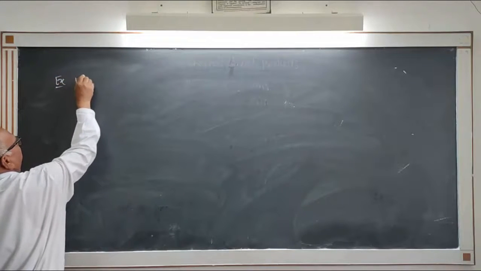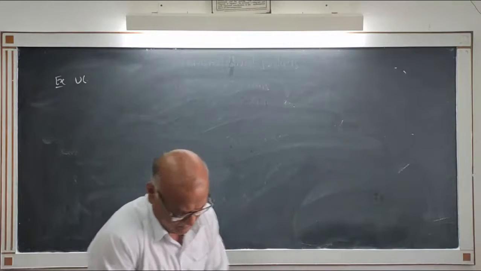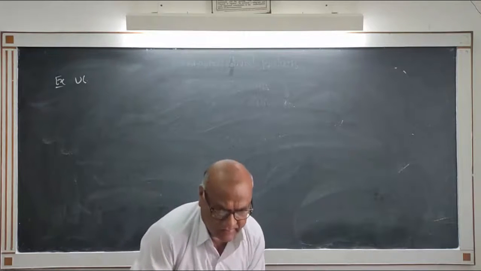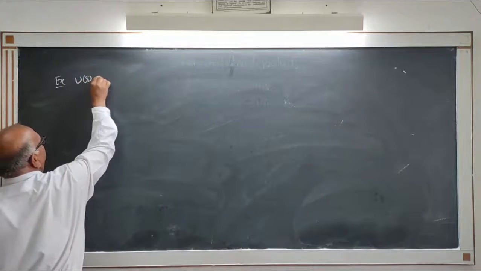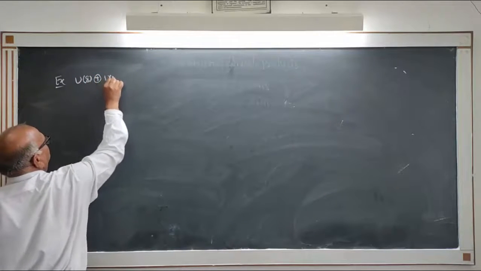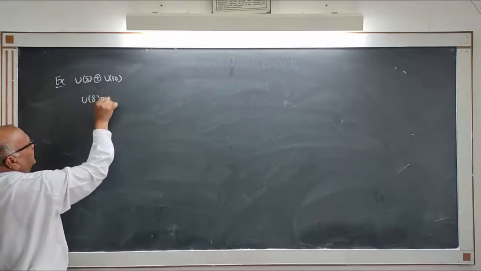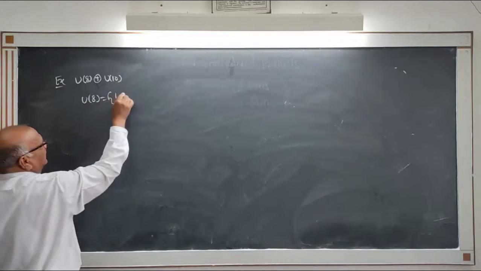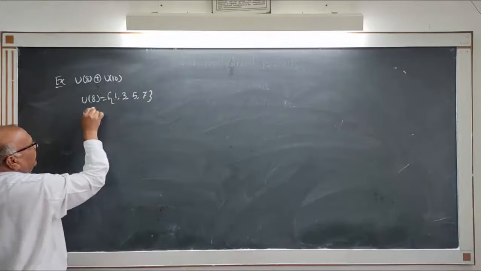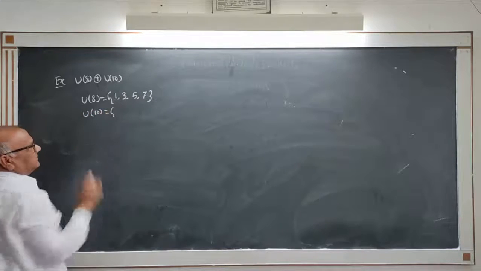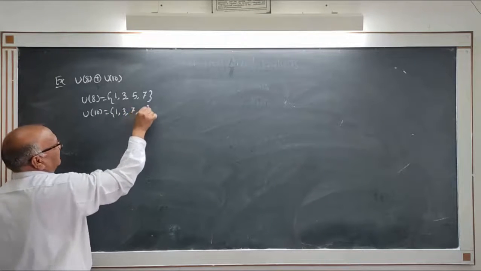Now see an example. U(8) ⊕ U(10). Here U(8) contains the elements 1, 3, 5, 7 and U(10) contains the elements 1, 3, 7, 9.